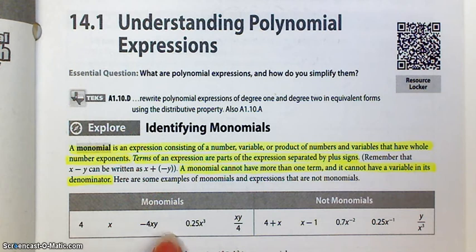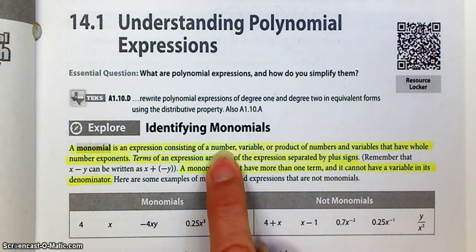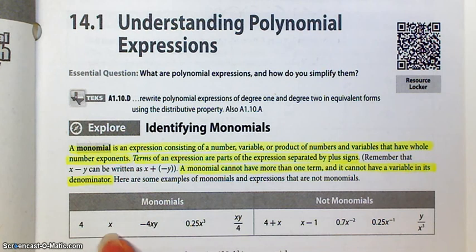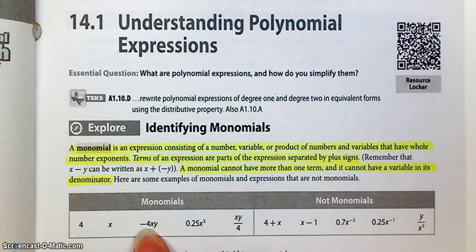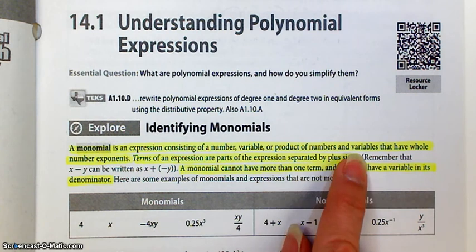So here are some examples of monomials. Here are some examples of things that do not qualify as monomials. Okay, so this is a number, so it qualifies as a monomial. This is a variable, so it qualifies as a monomial. This is a product of numbers and variables, right here, so it qualifies.